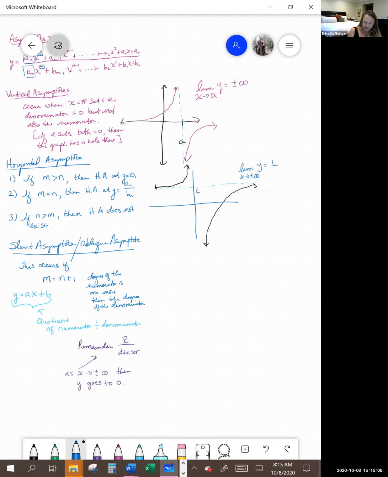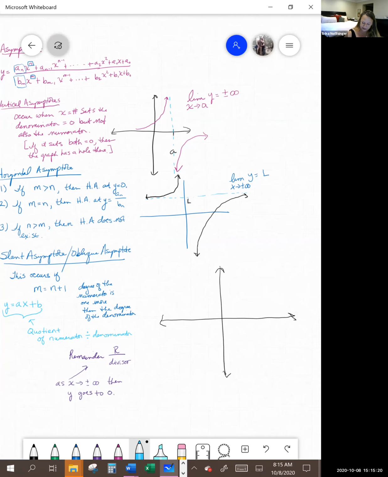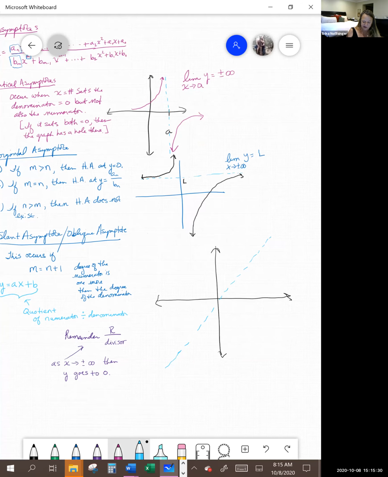Where our slant asymptote, we have some linear line. It doesn't have to be y equals x, but I'm just going to do it here. And as x is going to infinity, or x is going to negative infinity, the graph is getting closer and closer to that line.